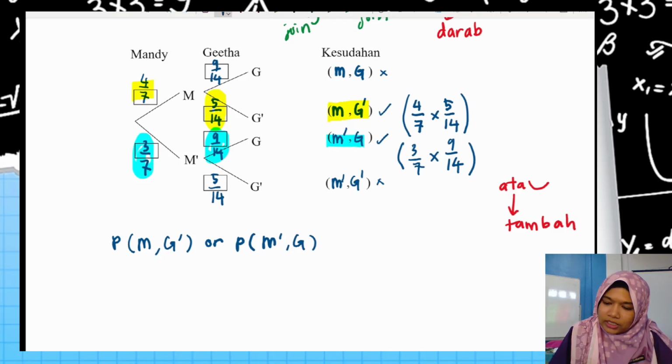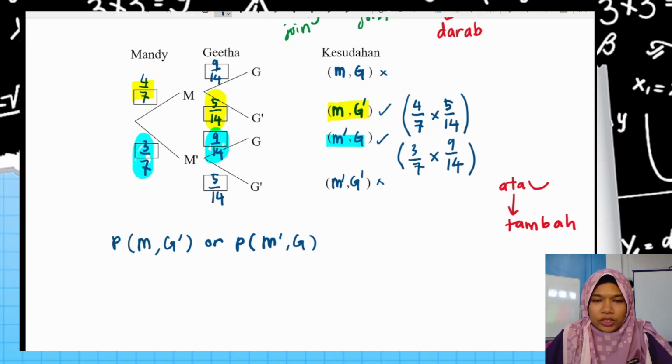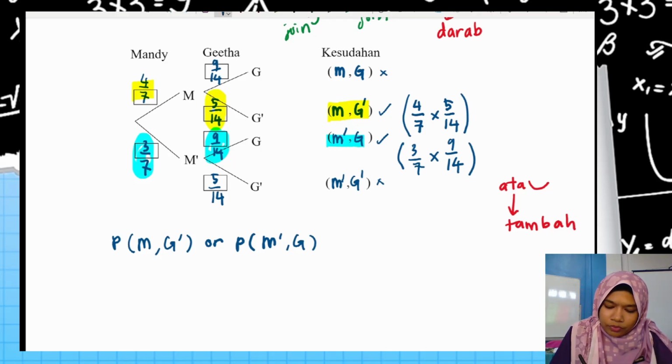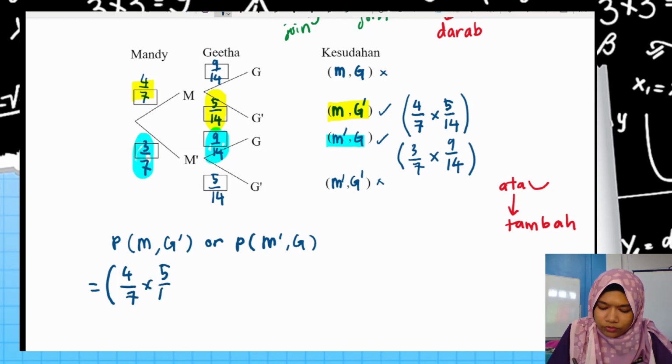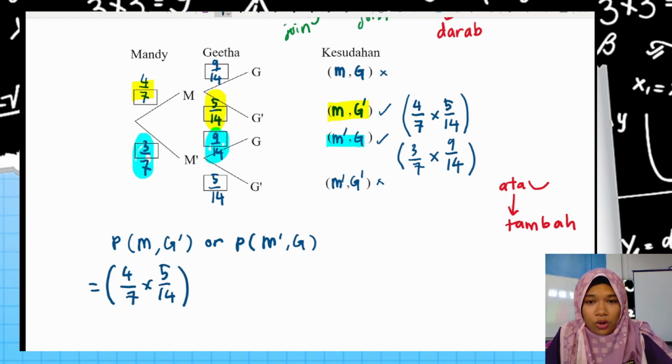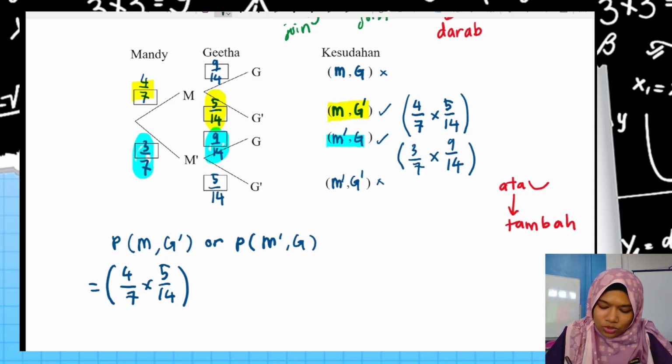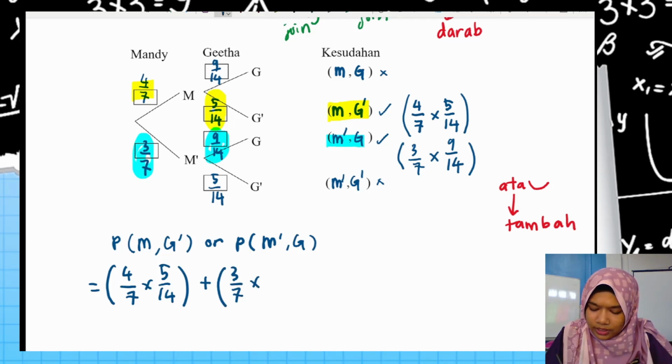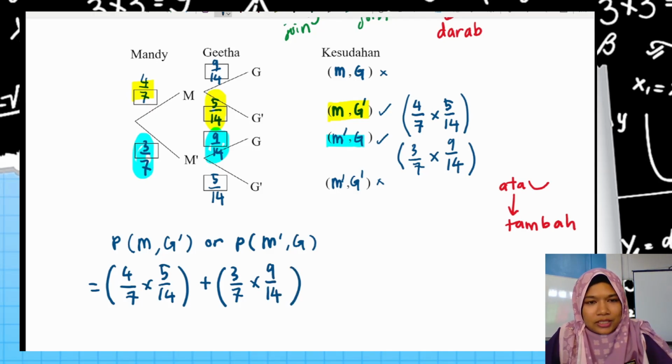Tadi cikgu dah tunjuk, yang di atas tadi. Probability Mandy join, Gita not join is 4 over 7 times 5 over 14. Or atau tambah. Okay, so add probability 3 over 7 times 9 over 14.